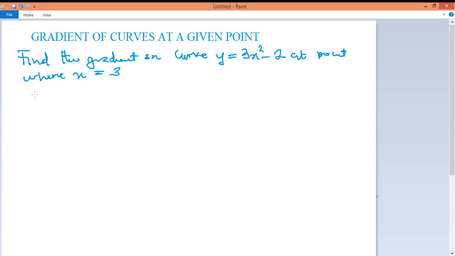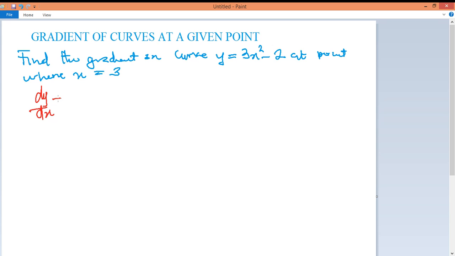The gradient of this curve at x is equal to 3 can be obtained by first differentiating the function. So we'll first find dy dx.